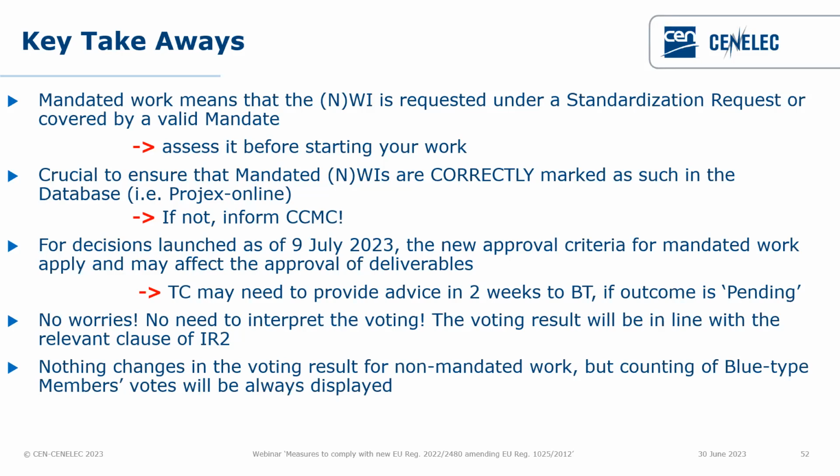In the template of the voting result, even if it is non-mandated work and therefore not covered by the new provision, in any case you will find the counting of the blue tie members displayed. But the approval criteria do not change. If it is non-mandated work, then the counting of blue tie members will not be considered if, for instance, it is not positive while the counting with all members is positive.